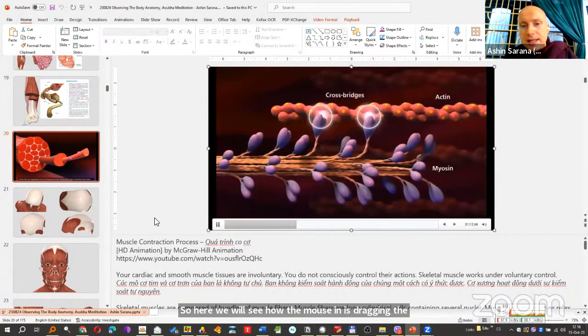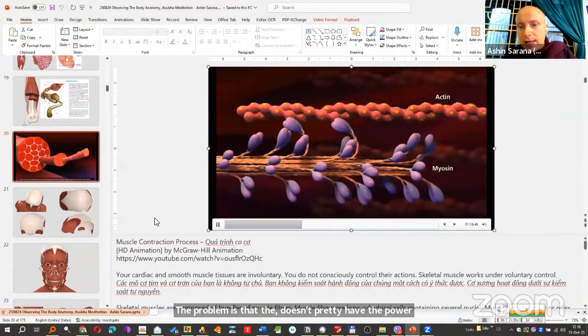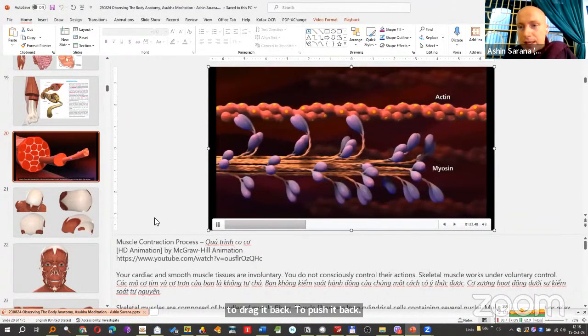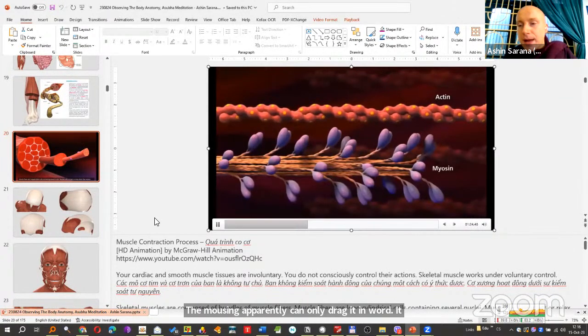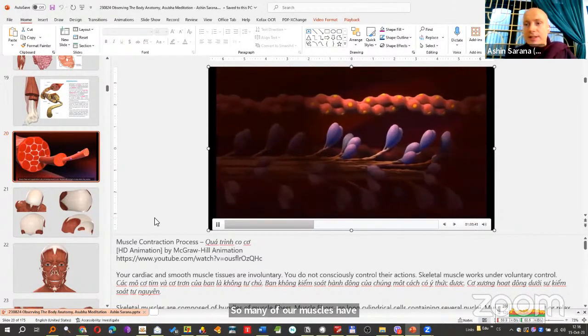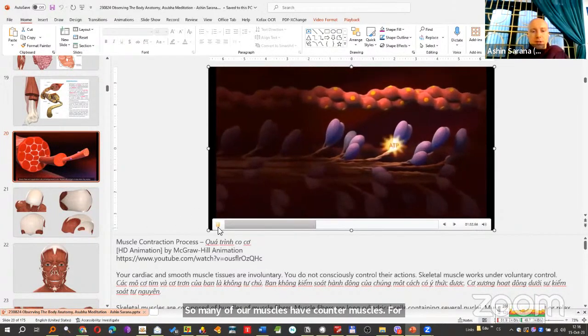The problem is that the myosin doesn't really have the power to drag it back, to push it back. The myosin apparently can only drag it inward. It doesn't know how to do it backward. So many of our muscles have counter muscles. For example, on our forearm, we have muscles in the front and muscles at the back.